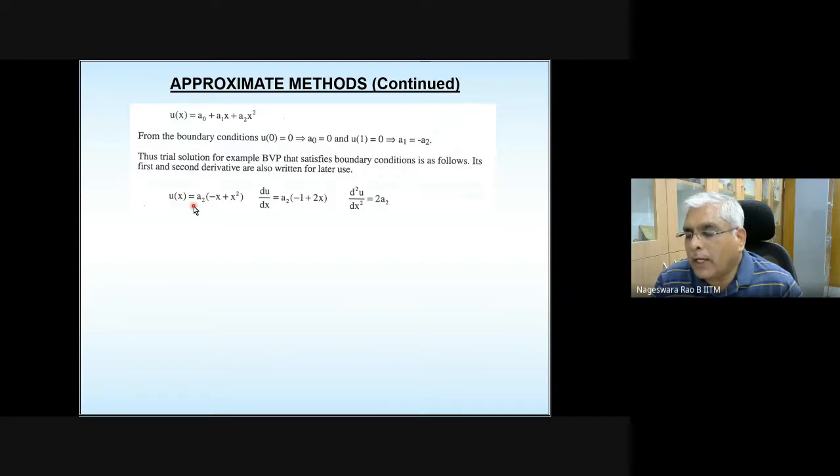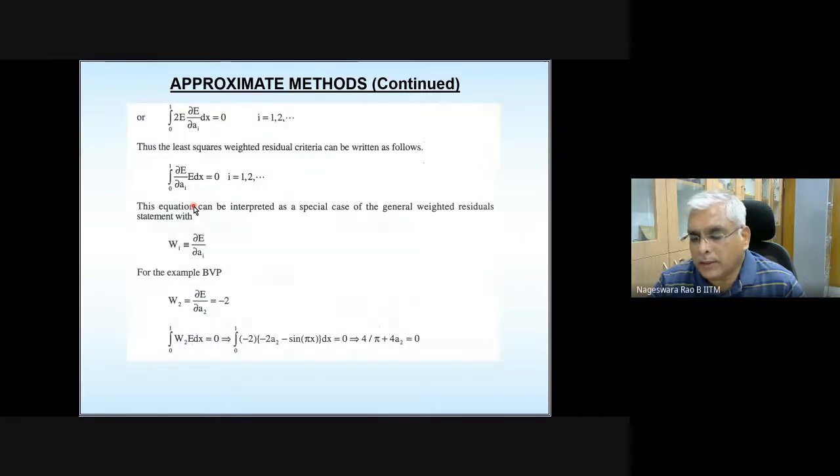The point I want to make is, for the same amount of effort, there is an uncertainty in the accuracy of the solution that you get in the collocation method, because the collocation point selection is arbitrary. Keep that in mind. Any questions?